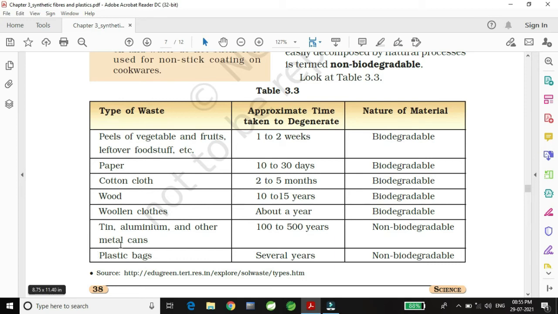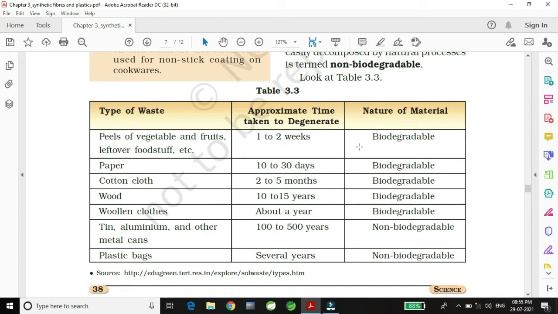But tin, aluminium and other metal cans will take 100 to 500 years to decompose. And a plastic bag will take several years, mostly more than 500 years. So these are called non-biodegradable, and the others are called biodegradable.